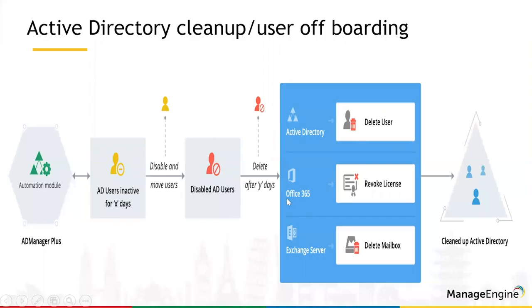And the same applies for offboarding users as well. Let's say you want to clean up your Office 365 or your Exchange or your AD. Automate the process. Tell the automation to look for inactive users and scan your AD or Office 365, disable them, and then probably remove those users from the infrastructure.